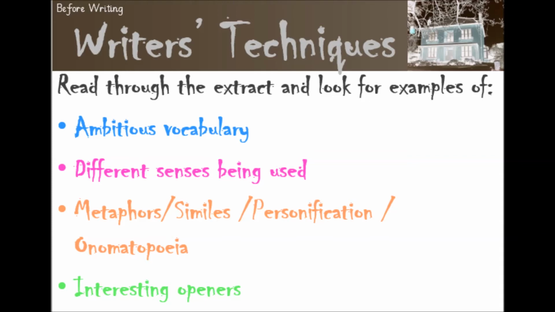Personification, this is a really good time to use personification because you can use personification to describe trees, doors, windows, furniture, because in a haunted house, if you see a tree that's doing something that you wouldn't expect a tree to be doing and it's kind of human-like, that's scary.